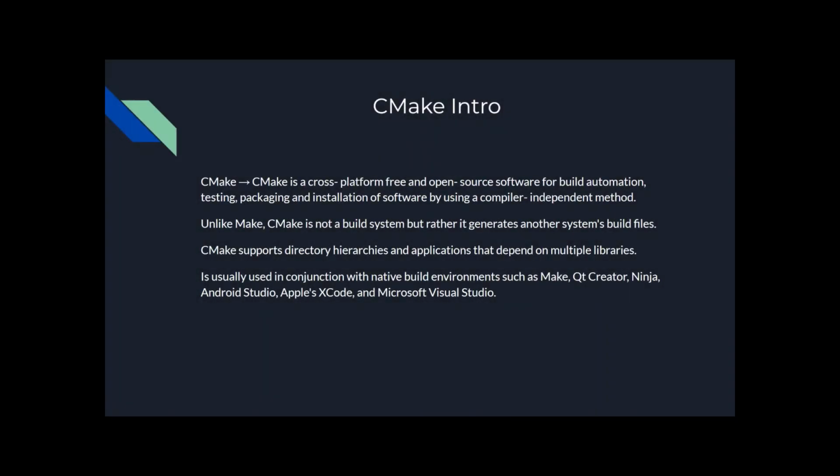CMake intro. CMake is a cross-platform free and open source software for build automation, testing, packaging, and installation of software by using a compiler independent method. Unlike Make, CMake is not a build system, but rather it generates another system's build files.